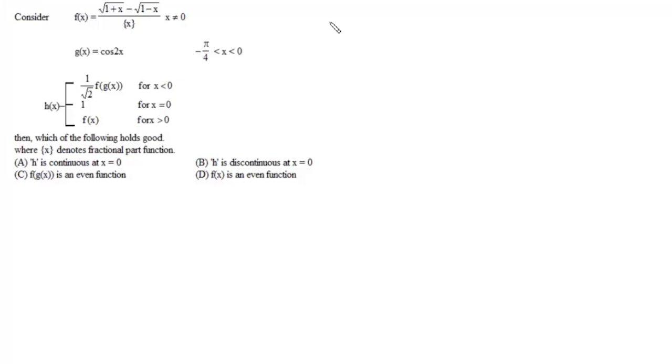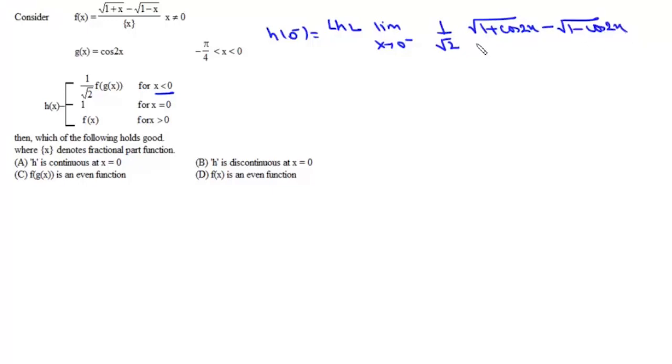If we look at the left hand limit at 0, it will be h(0-), the limit x tends to 0 negative, and when x is less than 0, it will be 1 by root 2 times f of g(x), and f of g(x) will be under root of 1 plus cos 2x minus under root of 1 minus cos 2x upon the greatest integer function of cos 2x.